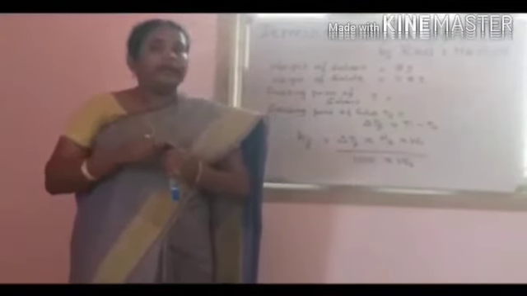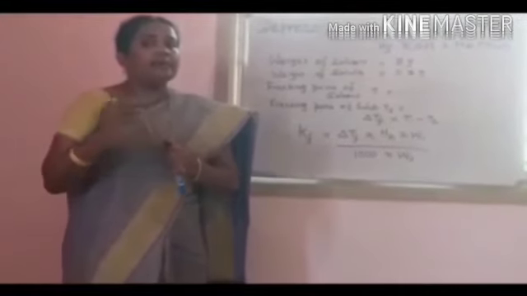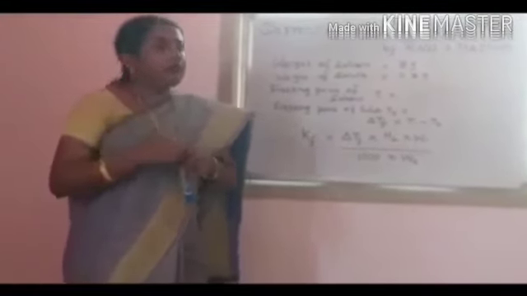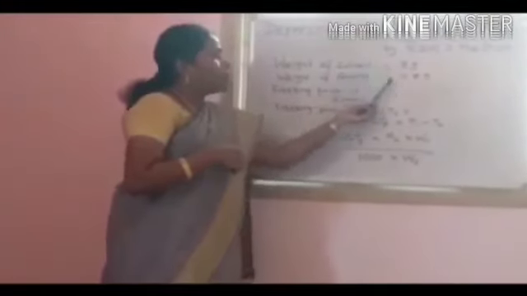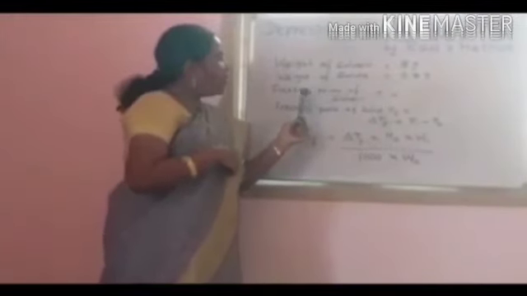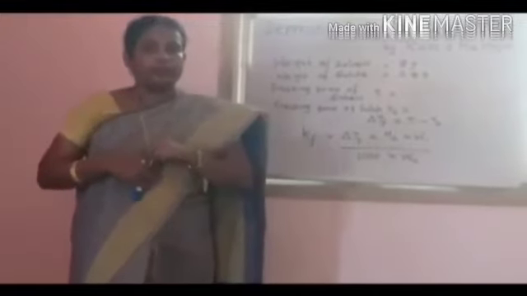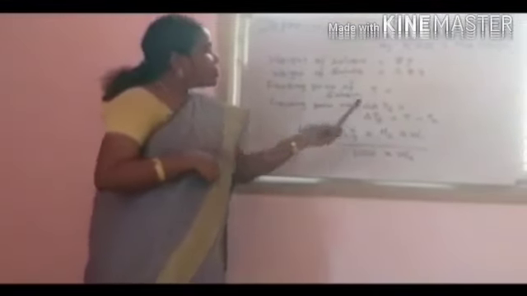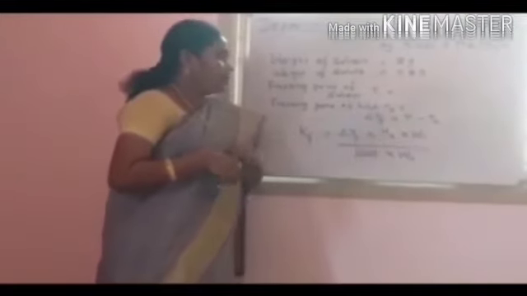Now we can calculate the molar cryoscopic constant Kf by substituting the values. Weight of solvent taken is 3 gram and solute is 0.3 gram. The freezing point of solvent and the freezing point of solution we noted from the experiment. By knowing the values T1 and T2, we can find delta Tf.